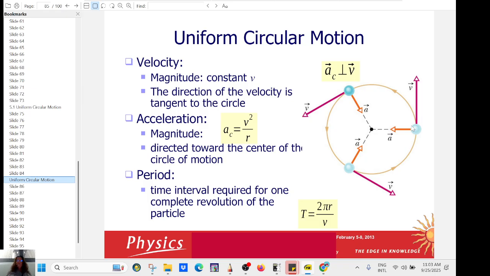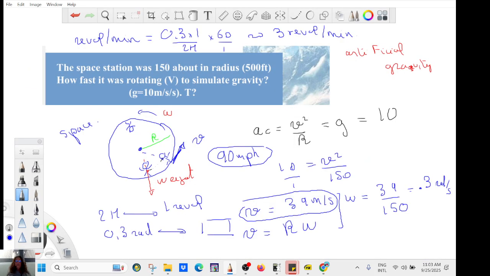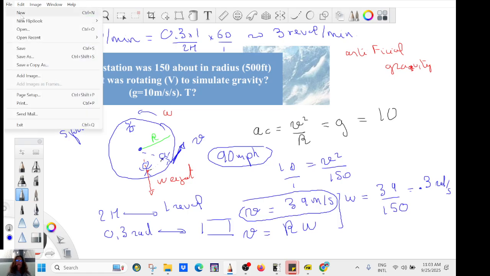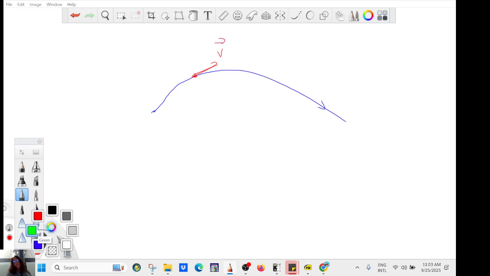Okay, so remember projectile motion. If you have a projectile motion here, something like this, then the velocity here is always tangent, but it has two components.